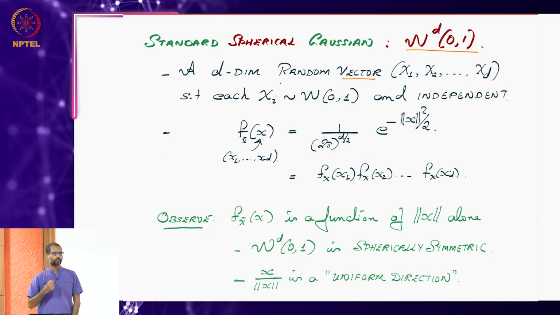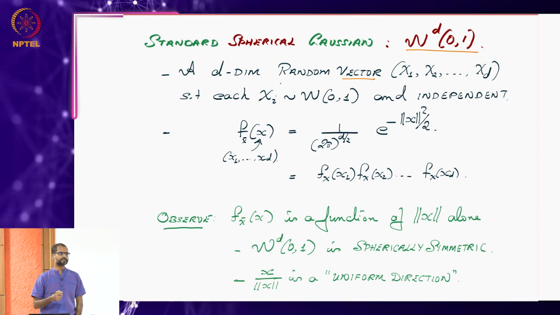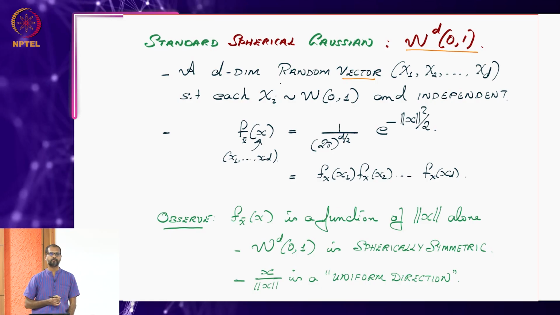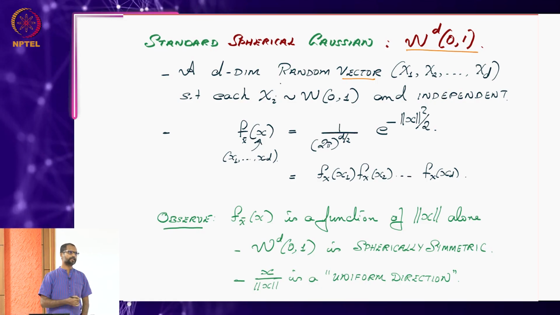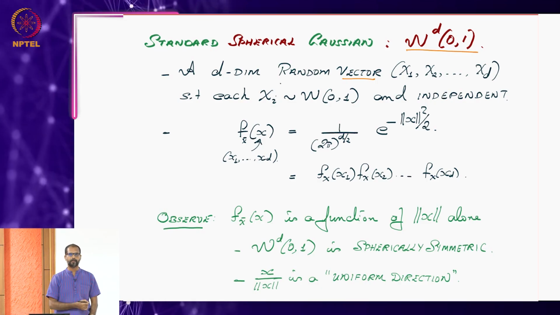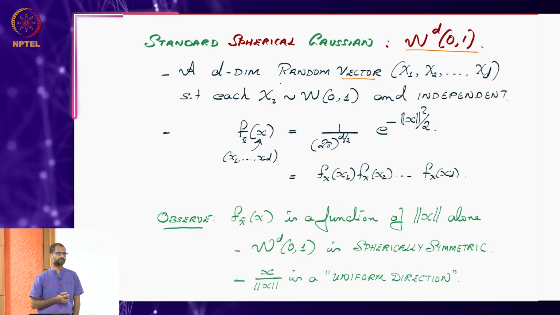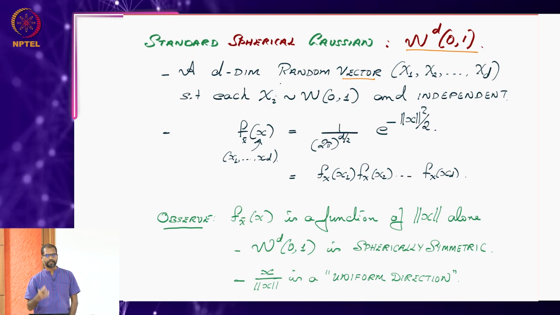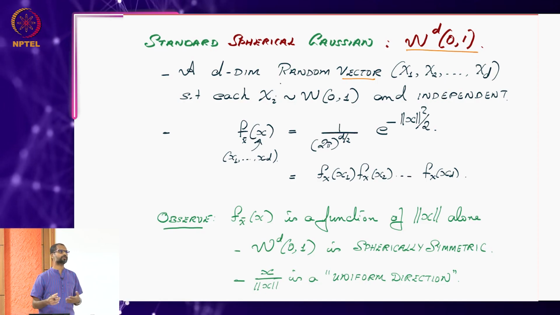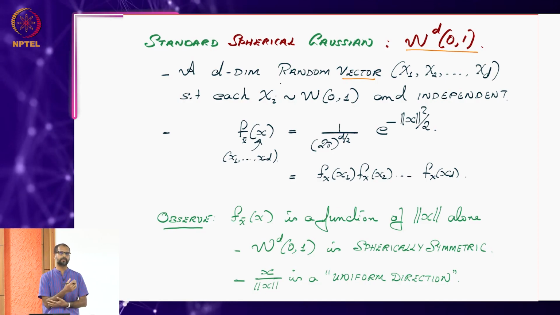Now, if you want to study the statistical behavior of a random variable, in the discrete setting you study its probability mass function, or in a continuous setting like this we study the probability density function. For a random vector, the equivalent thing is called a joint probability distribution.